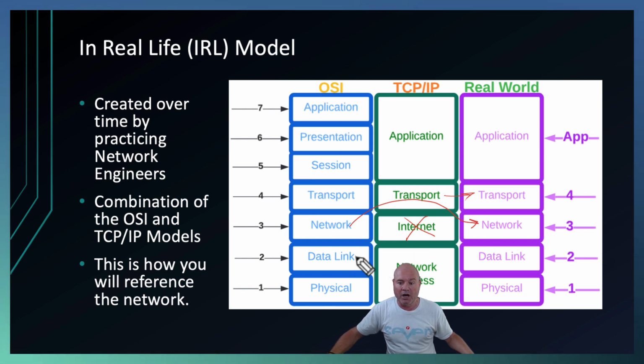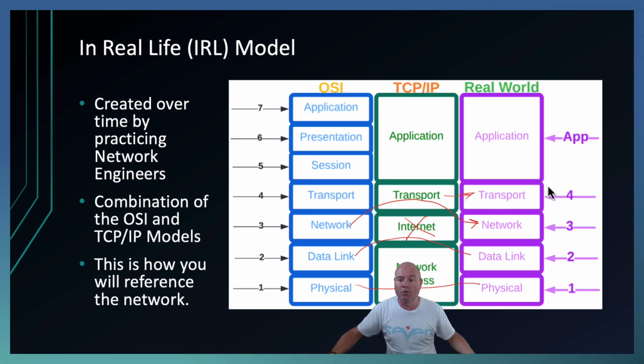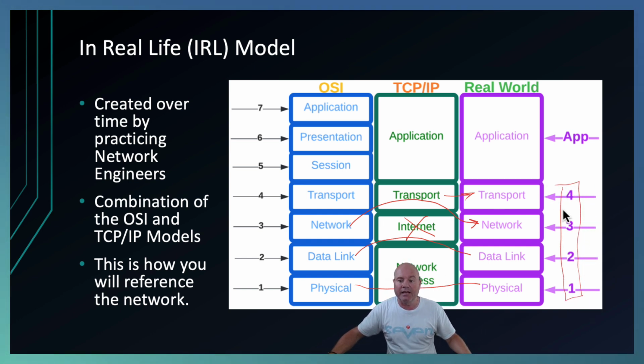And notice we also carried this data link layer and this physical layer back over. So when we talk about the in real life model, or the way that we're going to be discussing it in this course, there's really 4 layers, and then there's the application. This is what we're going to concentrate on, these 4 layers. The reason I call it the IRL is it's a combination.